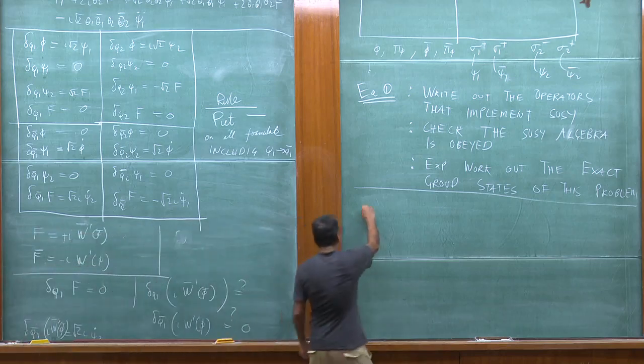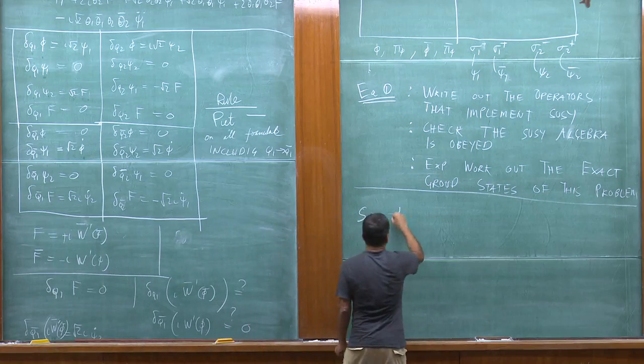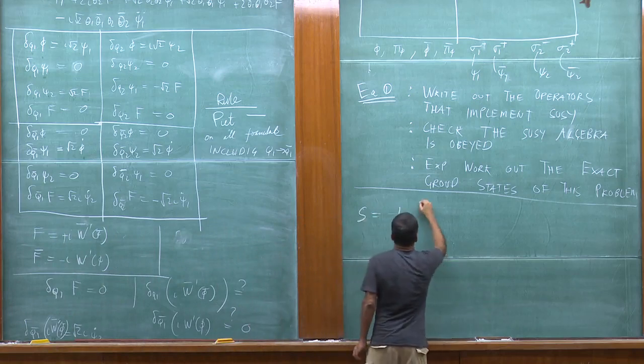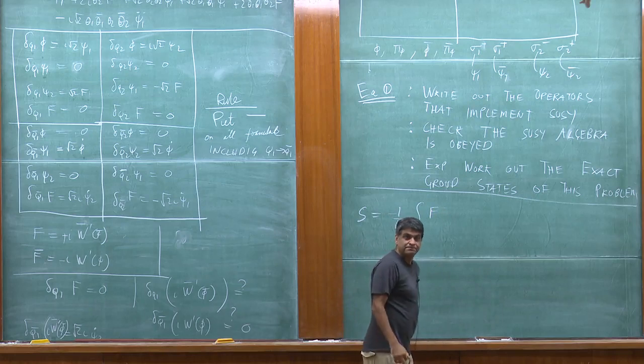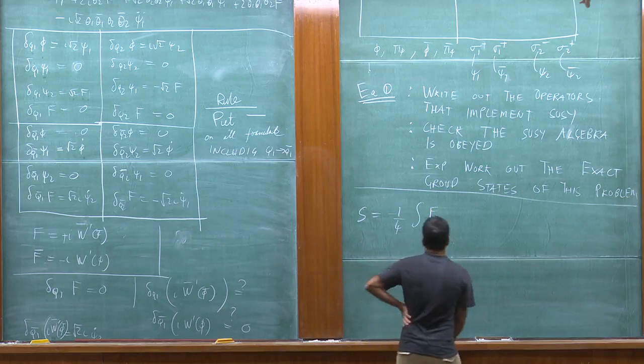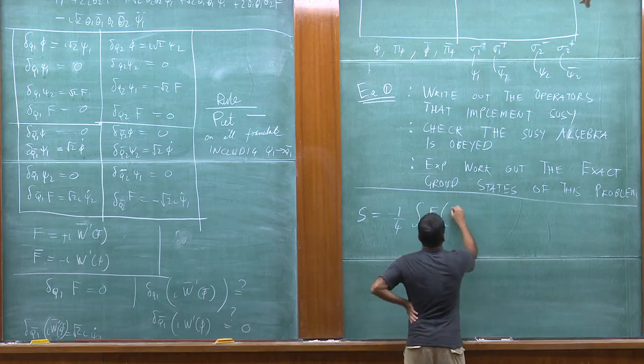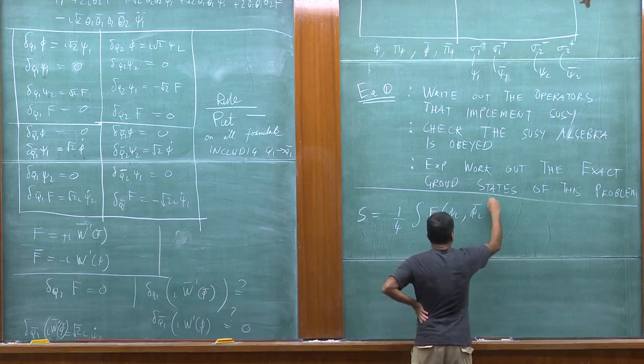So the Lagrangian we are going to study, or the action we are going to study, is minus 1 by 4 f of phi I and phi I bar.